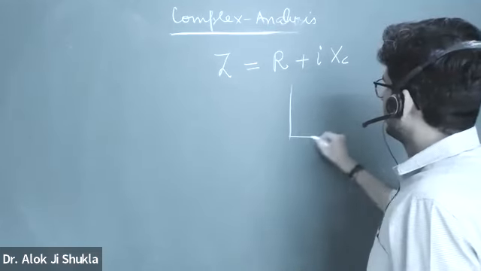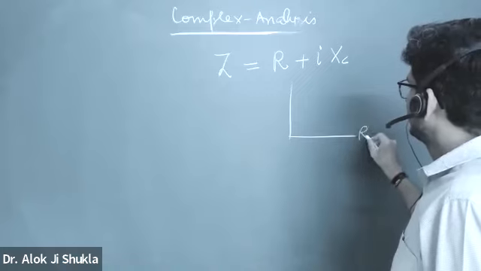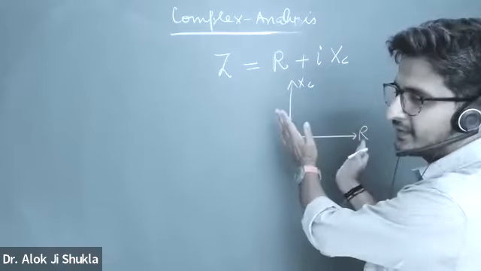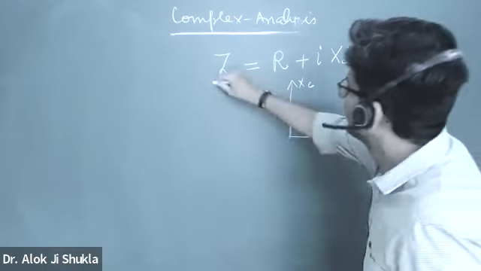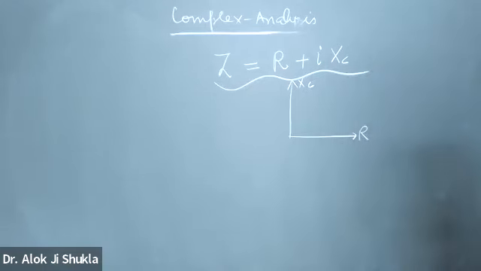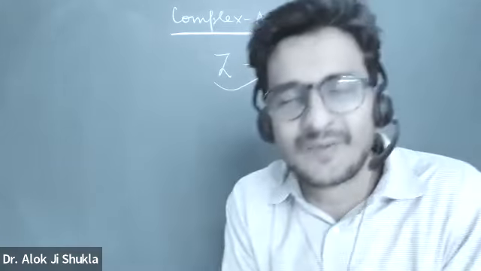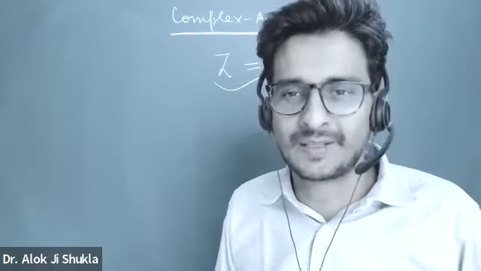Suppose this is one resistance and this is the other. They are having a phase difference of 90 degrees. So we have represented it by complex numbers because complex numbers are also at 90 degrees. Yes or no? So I want to write these things together with a phase difference of 90 degrees, so I can represent it by a complex number.